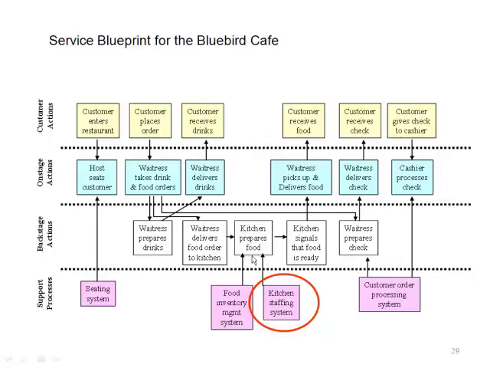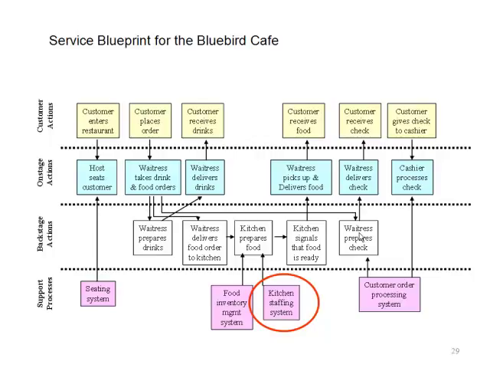So for instance, if you're serving sushi, then you better have a kitchen staffing system that makes sure you have the right, correctly trained staff for preparing sushi. So this is an example of where support processes, if they're not done well ahead of time, can undermine our ability to carry out the backstage actions or the onstage actions.